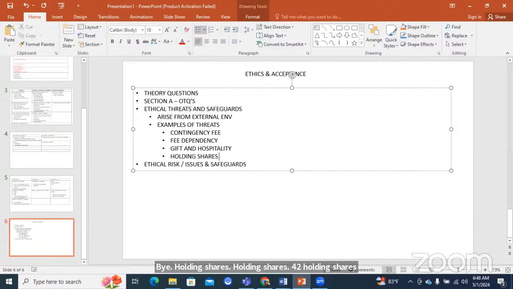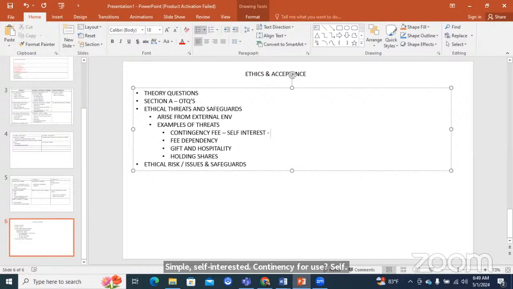It's an example. So I'm always asking you to practice more past paper questions and make a list of these particular examples. So what is contingency fee? Simple, self-interest threat.